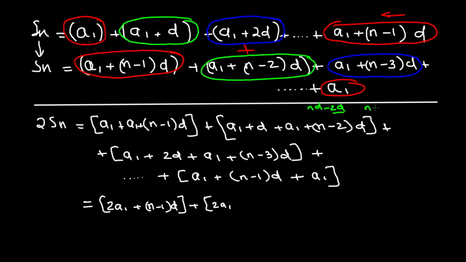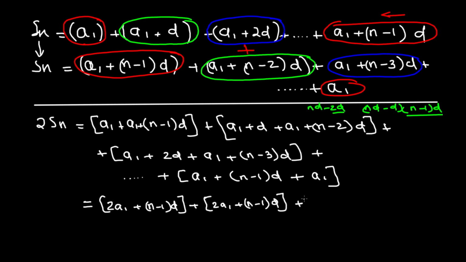So this one becomes nd minus d. So we factorize the d, which gives us n minus 1 d. I hope that you've seen how this comes together to give us n minus 1 d. So we're going to say this will give us plus n minus 1 d as well.